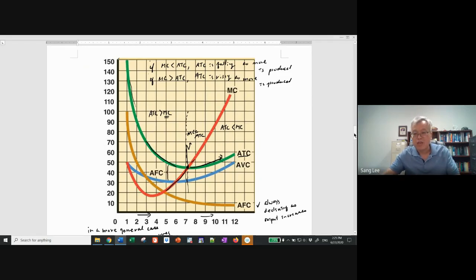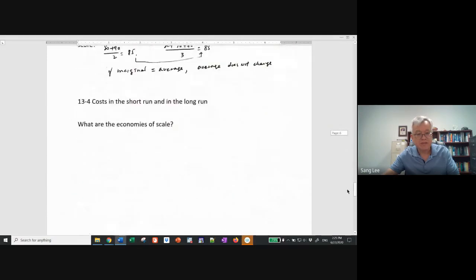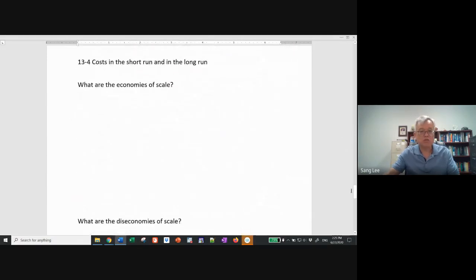Now we have one more topic left here. So that is cost in the short run and in the long run. So far, we assumed that what? Machine is fixed, or the size of a factory is fixed. The only input that you can flexibly increase or decrease was what? Like labor.